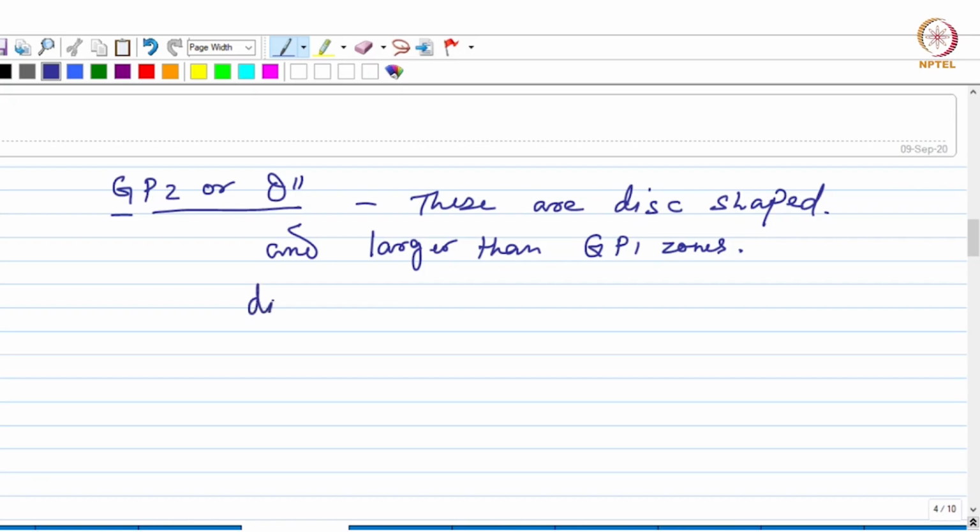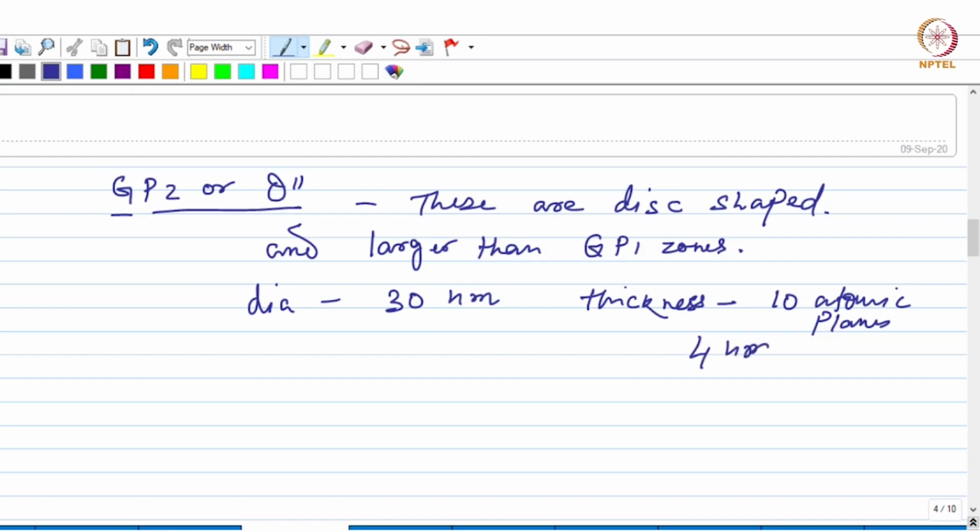Talking about the size of GP2, the diameter is about 30 nanometer and the thickness is about 10 atomic planar distances, typically about 4 nanometer.